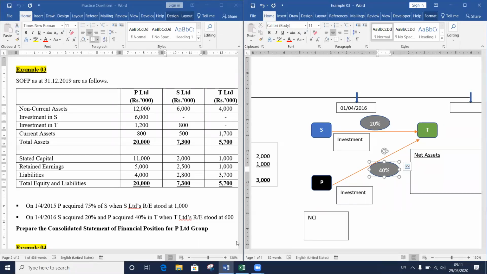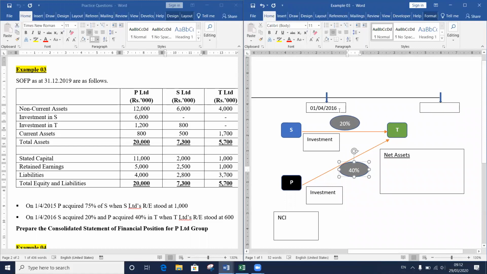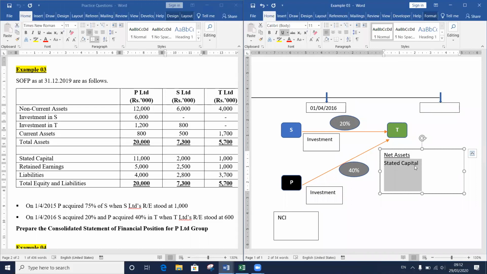When T Limited's retained earnings stood at 600, on the 1st of April 2016, when these acquisitions happened, the retained earnings amount of T Limited is 600.